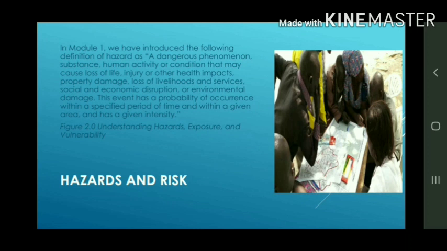This event has a probability of occurrence within a specified period of time and within a given area and has a given intensity. Our figure represents understanding hazards, exposure, and vulnerability. So that is our topic for today, hazards and risk.